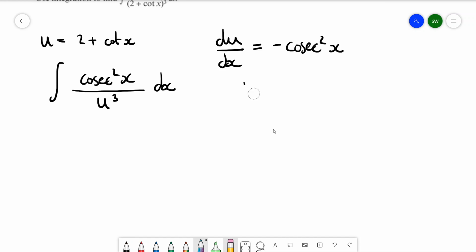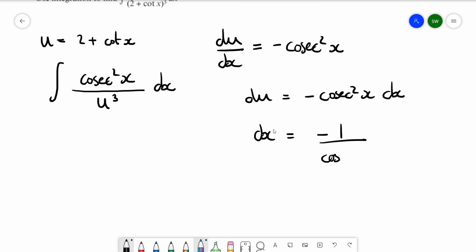Perhaps I'll do it in 2 steps because it's a negative. So we're going to have du equals minus cosec squared x dx, and then divide by minus cosec squared x to get dx equals minus 1 over cosec squared x du.